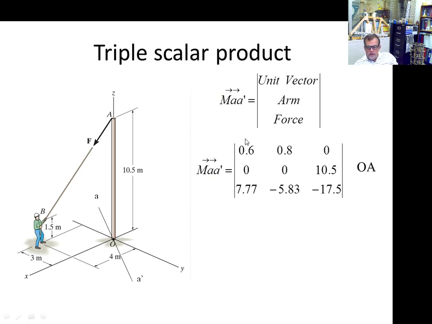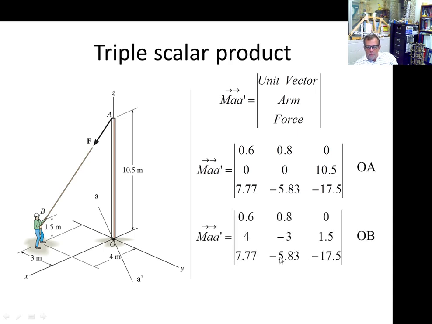So basically, I can do that. Or, what if I decided to go from the unit vector, again, the same unit vector, but now instead of going from here to here, OA, I go from here to here. Well, that point also passes through the line of action, meaning I can do that like that. Then I have unit vector, R, and force, and the result should be the same.